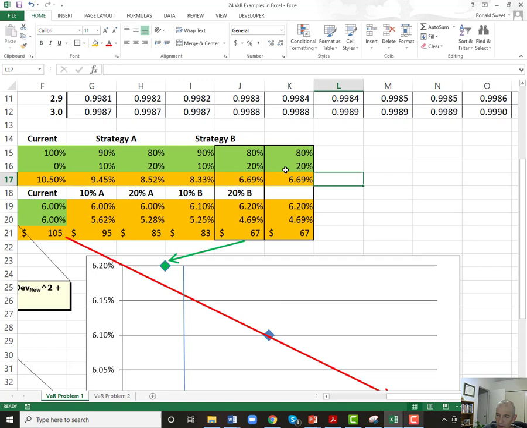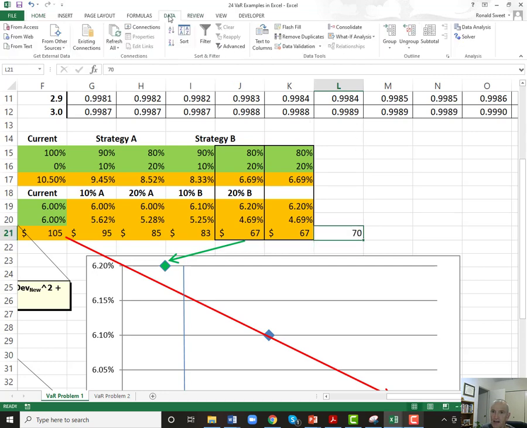Let's say our goal is to have a return of at least 6.7%, or even better, let's say we want to have a VAR of exactly 70 million. All right, let's try that.